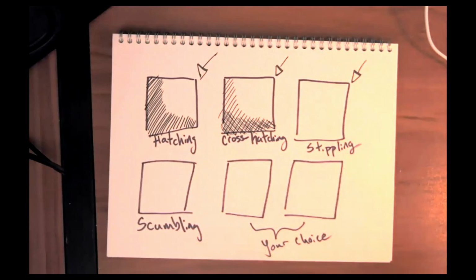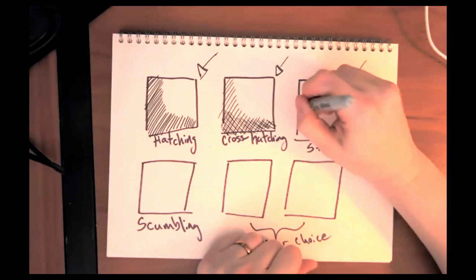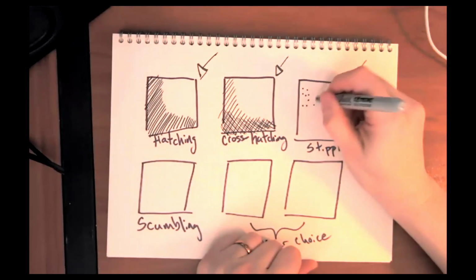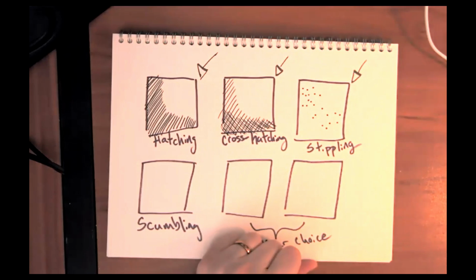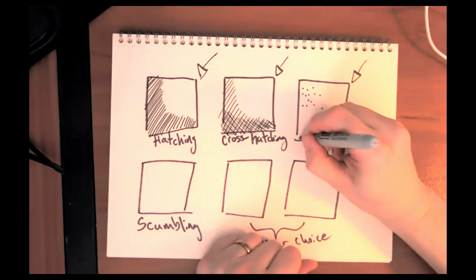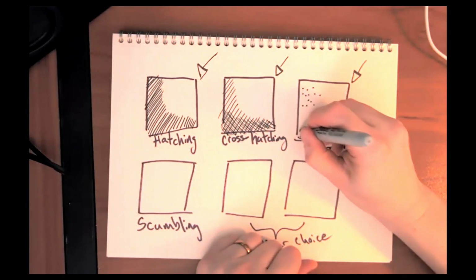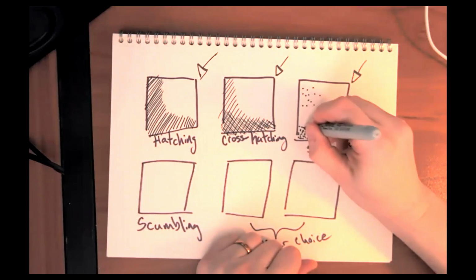Stippling is easy, and you're going to have fun with that one. Stippling is when you do dots, but you make the dots closer together the darker you want it to get. So down here at the bottom, I'm actually going to put a lot of these dots really close together.